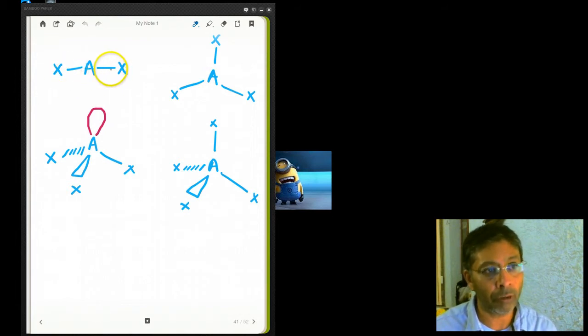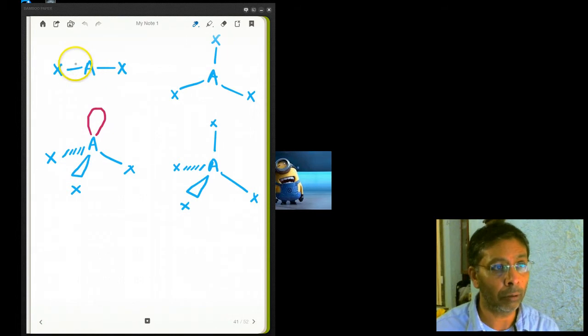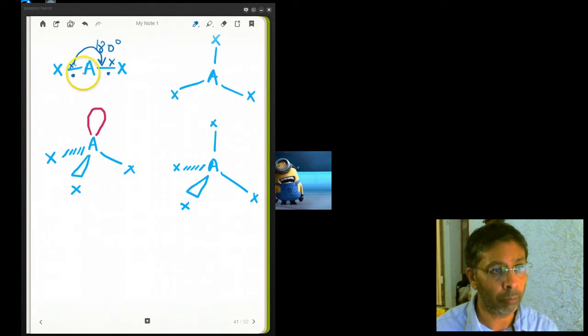If you've got 2 electron pairs here and here, then the furthest they can get away from each other is in a linear shape. Hence, we have a bond angle of 180 degrees, if it's going to be a linear shape. Now, if this was just a single bond and that was a single bond, you could draw the electron pairs like that. 1 bond and another bond, so 2 bonds, linear.